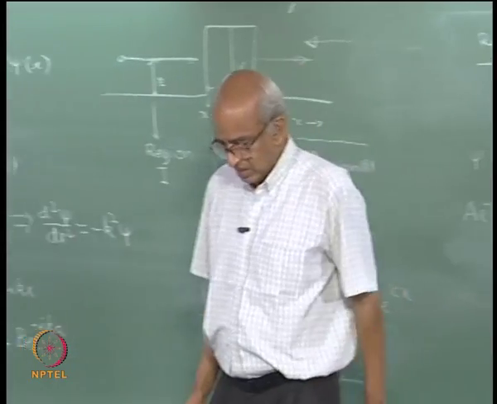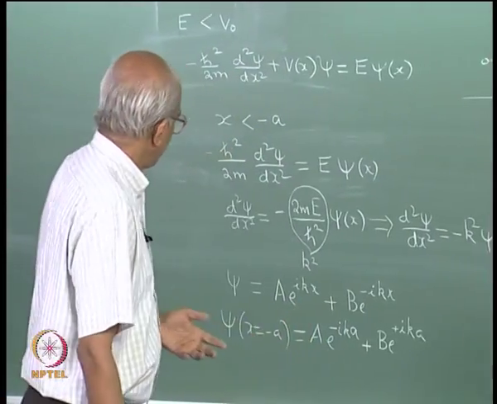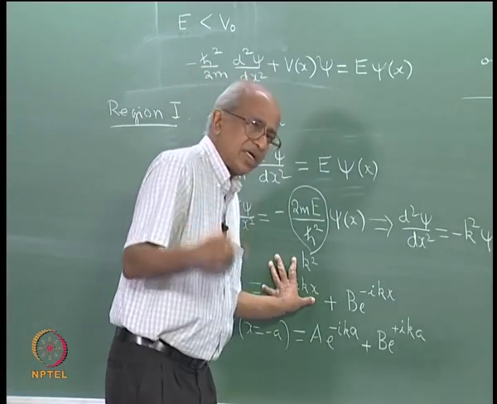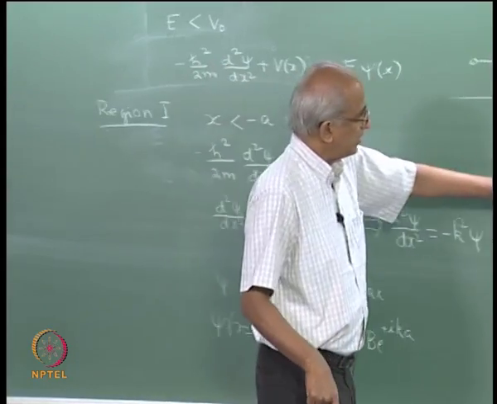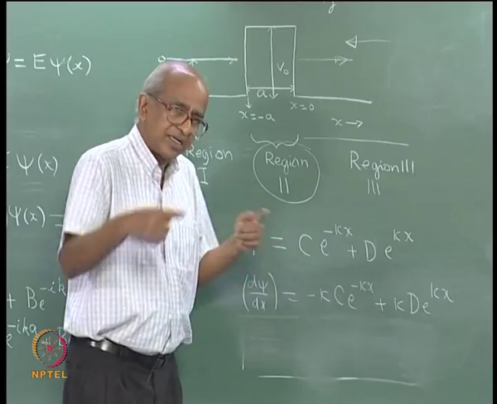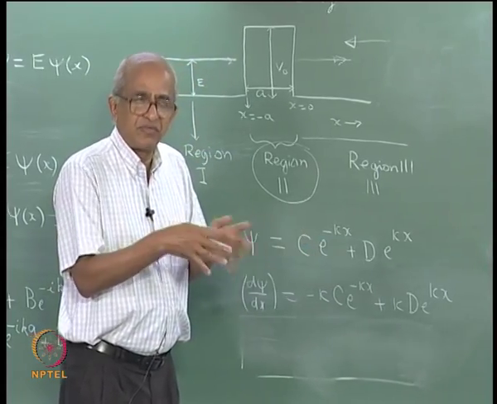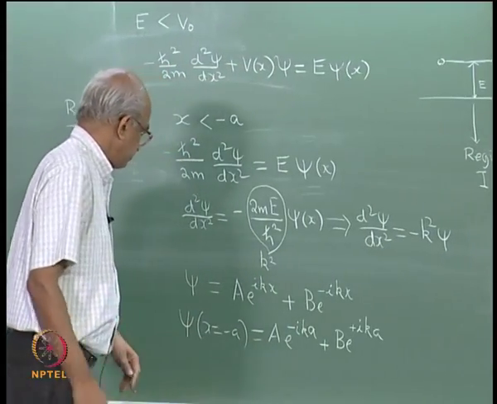And the next step will be to evaluate the derivative of this function. There you will put x is equal to minus a and evaluate the derivative of this function, and there again you will put x is equal to minus a and then say that these two have to be equal. So let me take the derivative of this function.